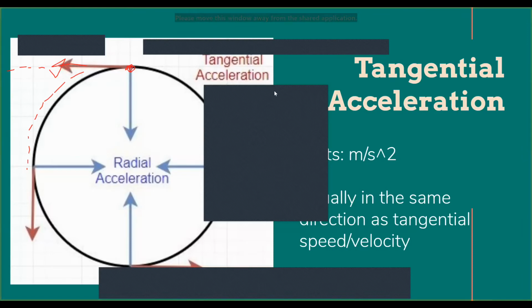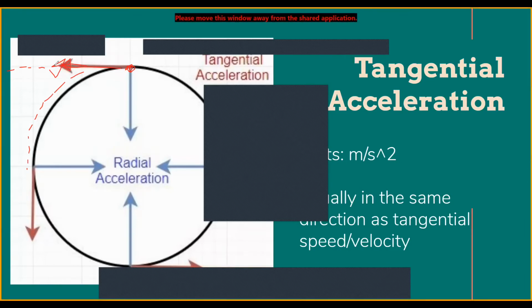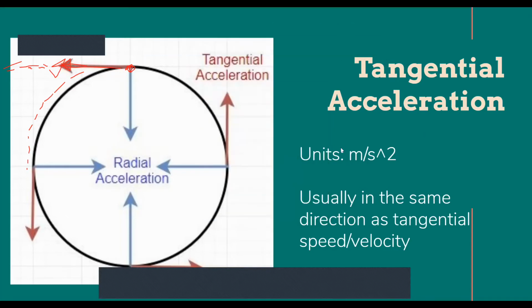But acceleration also does take direction into account because it's a vector as well as velocity. So if your tangential acceleration is in the same direction as your tangential velocity, your object should be moving to the left as well, with no change in direction. But it's going in a circle. So this basically leads us to our next point, but before I move on, we have meters per second squared as the unit for tangential acceleration, right?